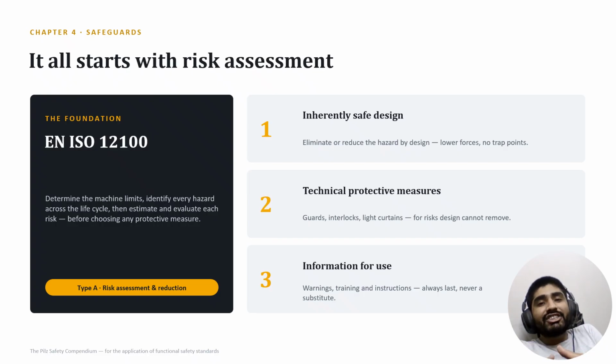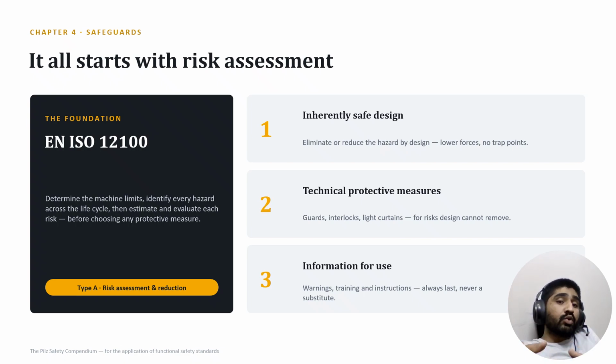Risk reduction then follows the famous three-step method, in strict order. Step 1, inherently safe design. Eliminate the hazards or reduce the risk by design, for example, through lower forces or removing trap points.